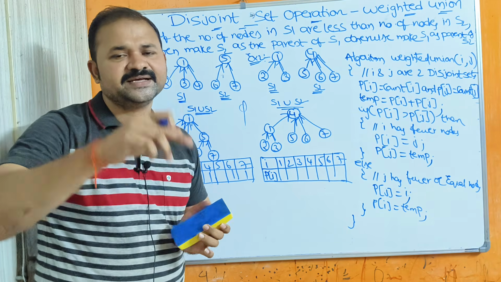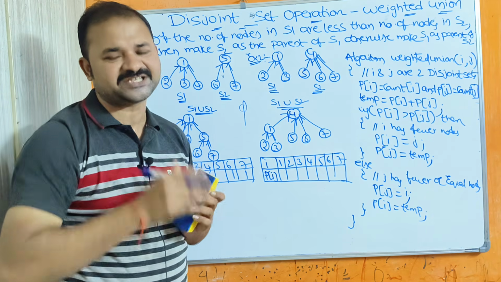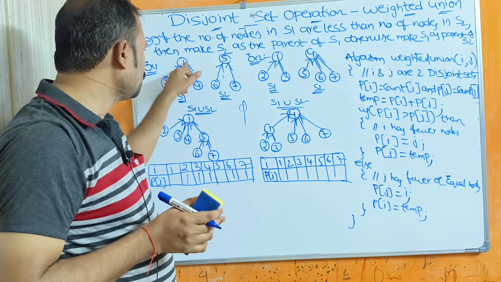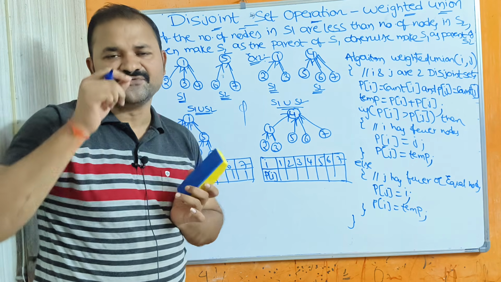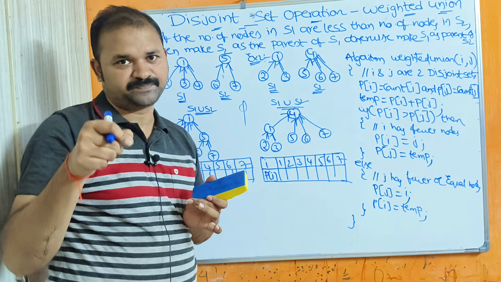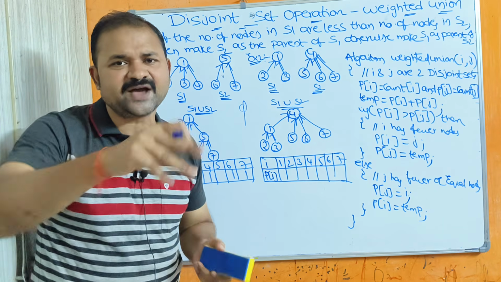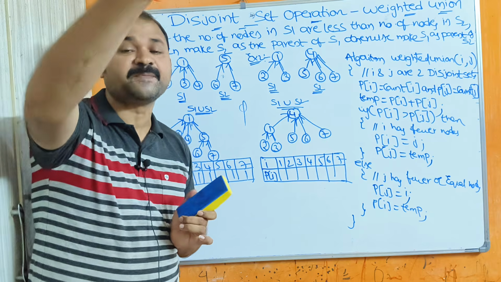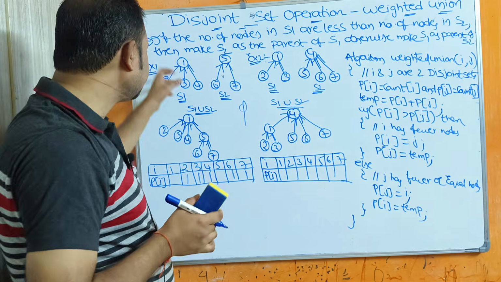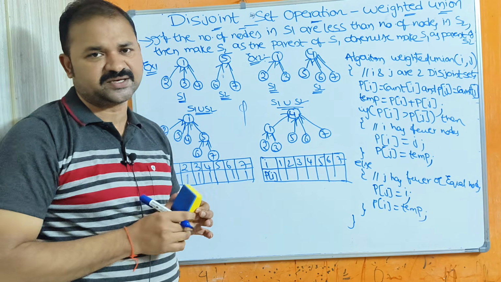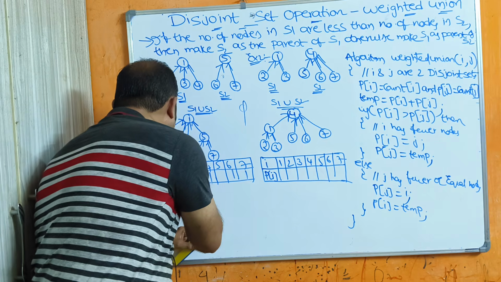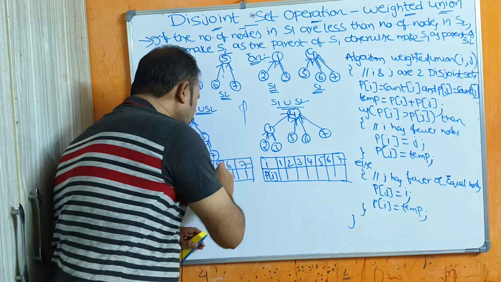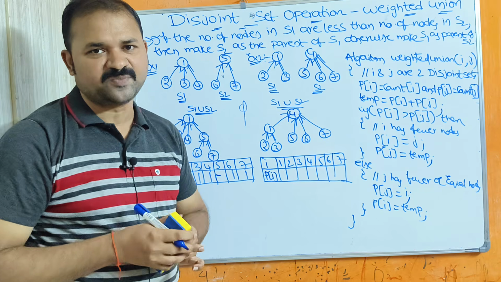We have already seen the simple union operation in the last video. In the simple union operation, the root node contains -1. Why? Because the root node doesn't have any parent node. That's why the root node contains -1. Whereas in weighted union operation, here also we have to use the minus sign only. Here 1 is the root node as well as 5 is the root node, so we use the minus sign.